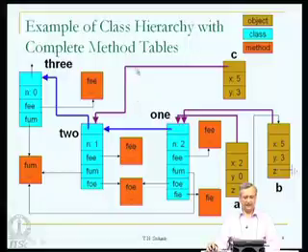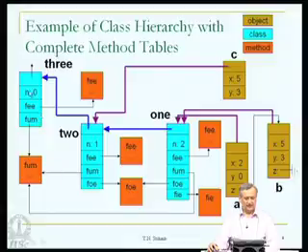Here is a very simple class diagram. The legend is: these 3 in turquoise blue are classes, the light brown ones are objects, and the orange colored ones are methods.